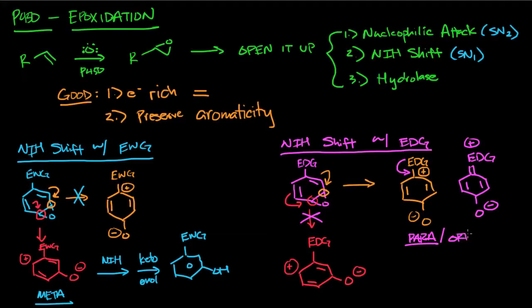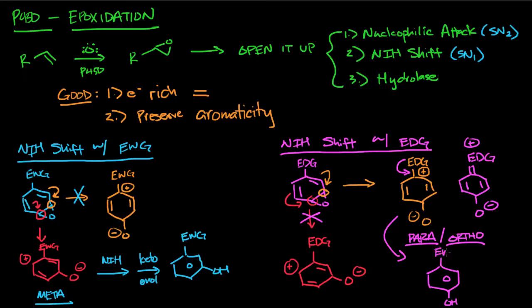Basically, use the form that puts the positive charge next to the electron donating group, and that's going to be the para or ortho position, depending upon where the original epoxide was. Then following the opening of the ring, you're again going to do the NIH shift and the keto-enol tautomerization. I'm not going to write the steps in there, but in the resulting product, you're going to have the OH para to the electron donating group.